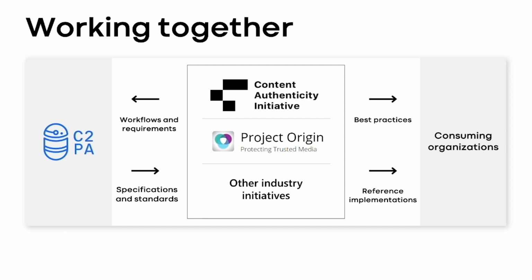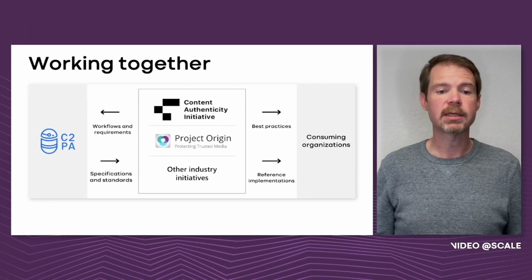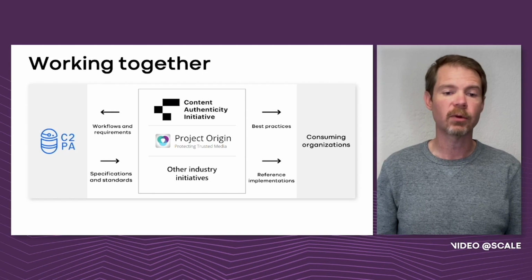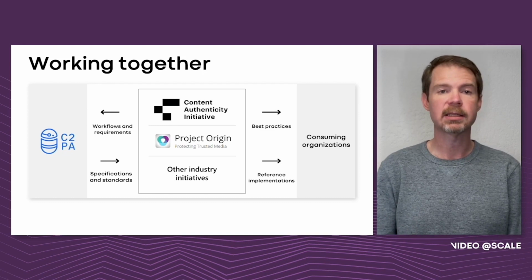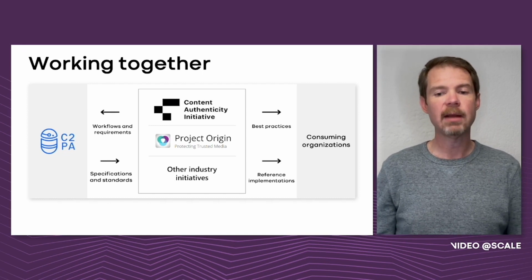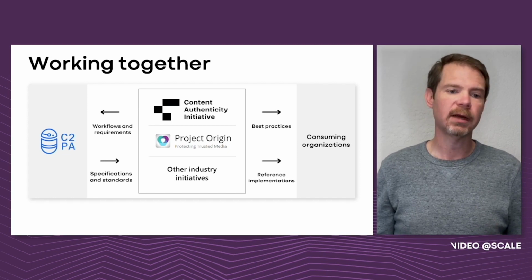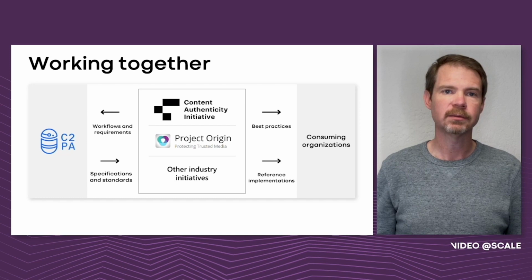They're publishing those specifications publicly and using CAI and Origin to scale uptake and provide best practices and reference implementations. Finally, organizations like news providers, cloud providers, and social networks can use tools that support provenance to publish media to end users who will be able to know where it came from and get additional information about the media.